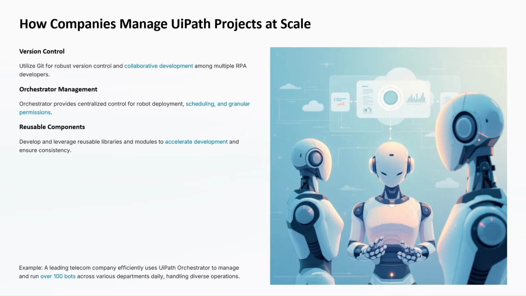So we still use version control with Git and centralized management in Orchestrator, and we also have reusable components and libraries that we can use for several automation projects. And some companies run hundreds of bots every single day. So I think it's very similar to what real software does.